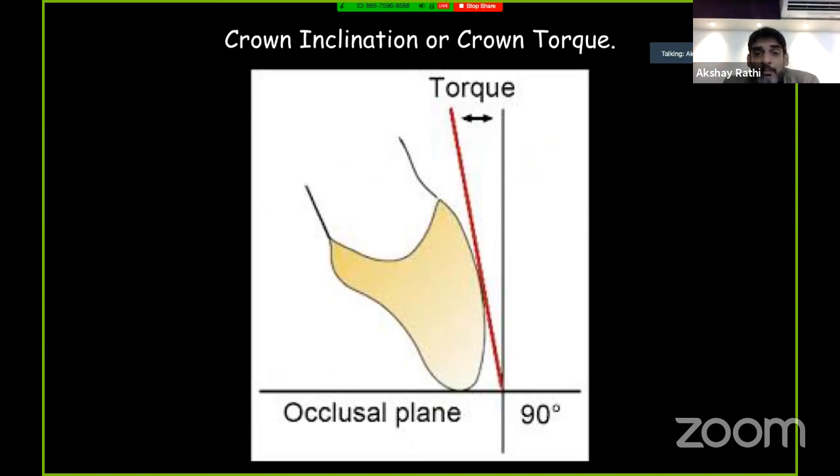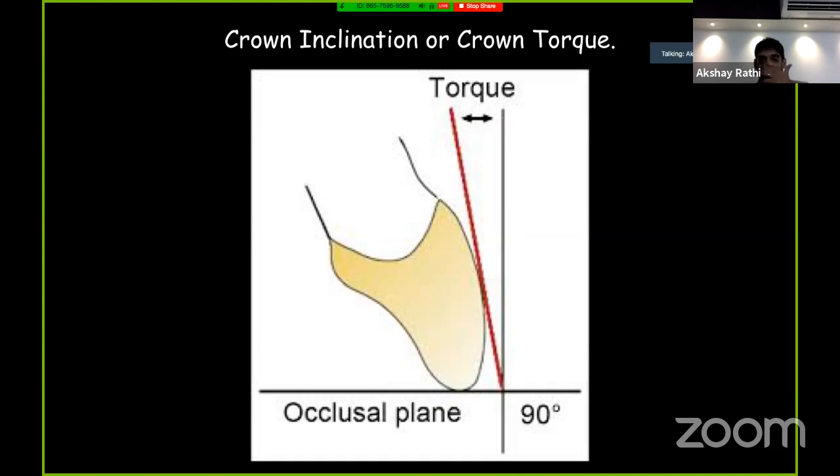This can be analyzed only when you take a cephalogram and you will see that you don't have teeth which are perpendicular to the occlusal plane, but they are at an angulation in the labiolingual plane. I'm not talking of the tip, which was in the mesiodistal plane. This is in the labiolingual plane, and this is referred to as the torque of a tooth.